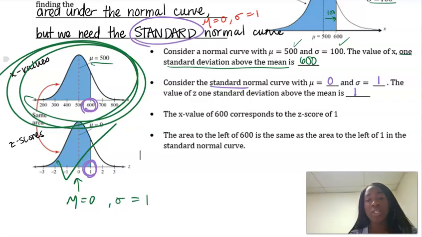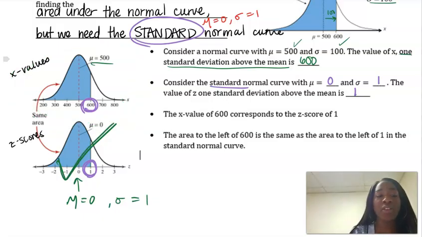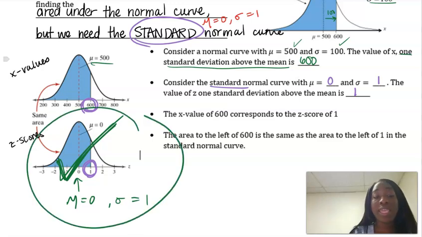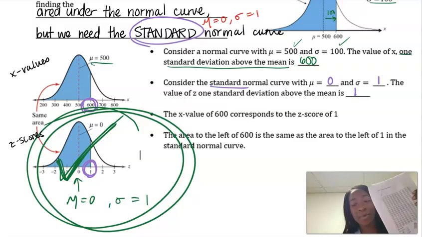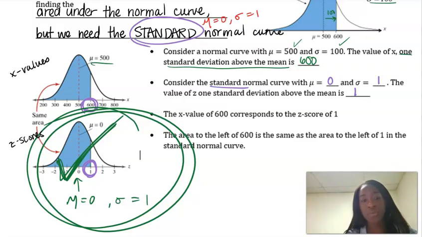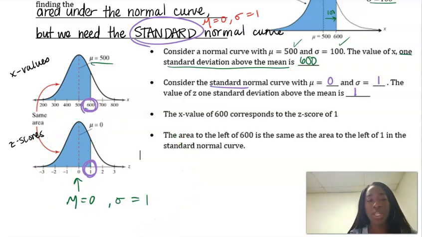But in order for us to do anything with all those normal distributions, we are going to have to convert them to standard distributions, because it is down here that we know how to calculate these probabilities using either the table, the calculator, or StatCrunch. So that's what we will be working on, is converting these x scores to z scores and then going in and finding those probabilities.